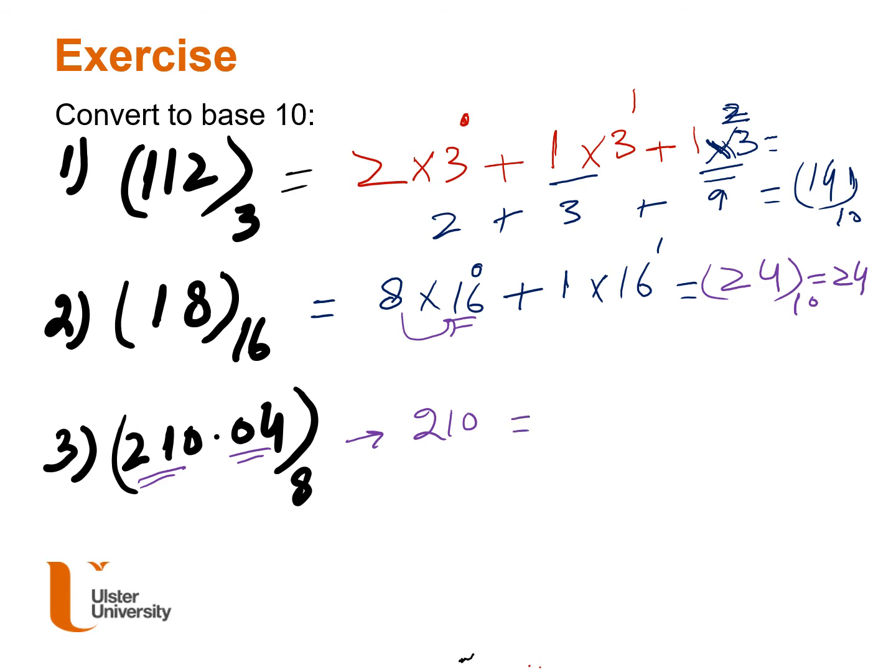So we multiply 0 by a to the power 0, plus 1 multiplied by a to the power 1, plus 2, which is in the 100 position, a to the power 2. After simplification, a to the power 0 is 1 multiplied by 0 is 0, a to the power 1 is 8 multiplied by 1 is 8, plus 64 times 2.